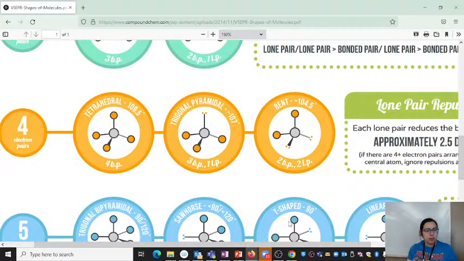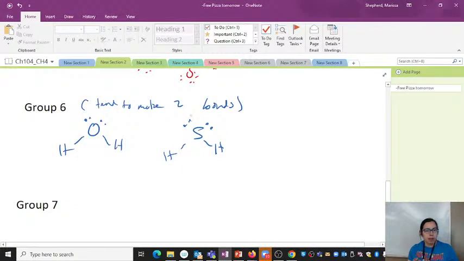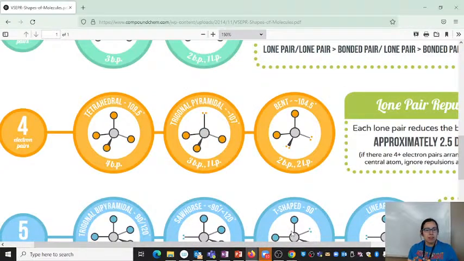If we look at our shape chart again, notice it's still in the 4 electron pair group. Going back, 2 lone pairs plus 2 atoms makes 4. Now we have to find the geometry where we have 2 lone pairs and 2 substituents. As you might imagine, we now have 2 lone pairs occupying even more space, so this angle gets even smaller.